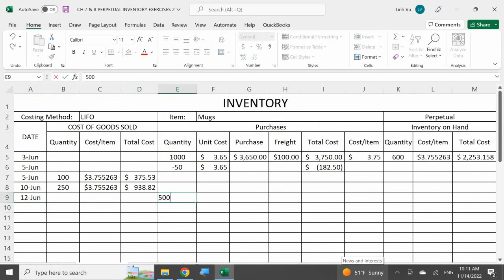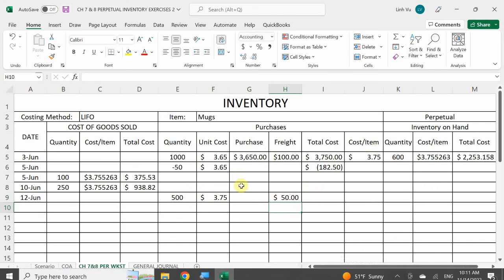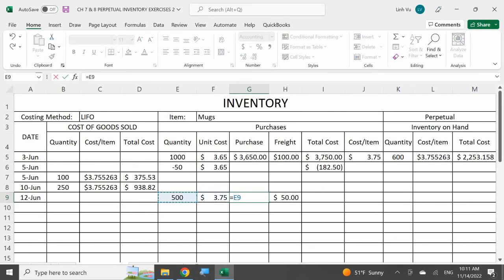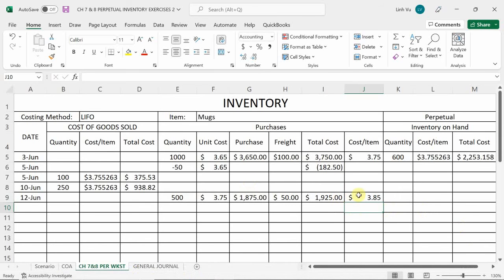We purchased another 500 units at $3.75 with the freight of $50. Right, that should give you $1,875 plus 50 will give you $1,925. And we need to solve for our cost per item to be $3.85. Okay.